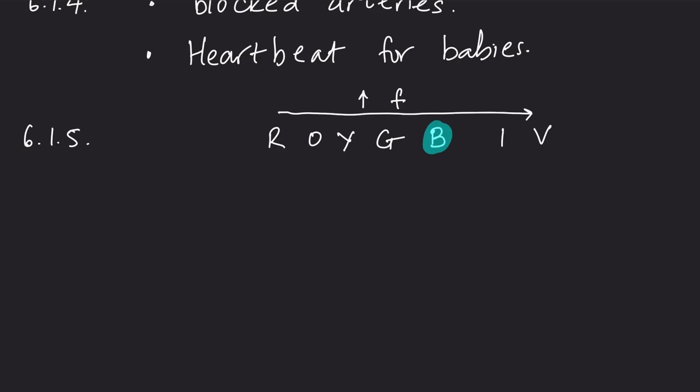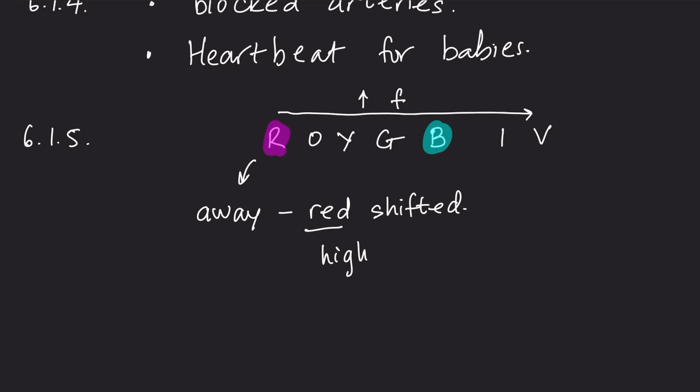So if a star is moving away, there's two colors that we talk about for movement of stars. We talk about blue and we talk about red. If a star is moving away, we say that the star is red shifted. And why do we say that it is red shifted? Because red has a high wavelength.